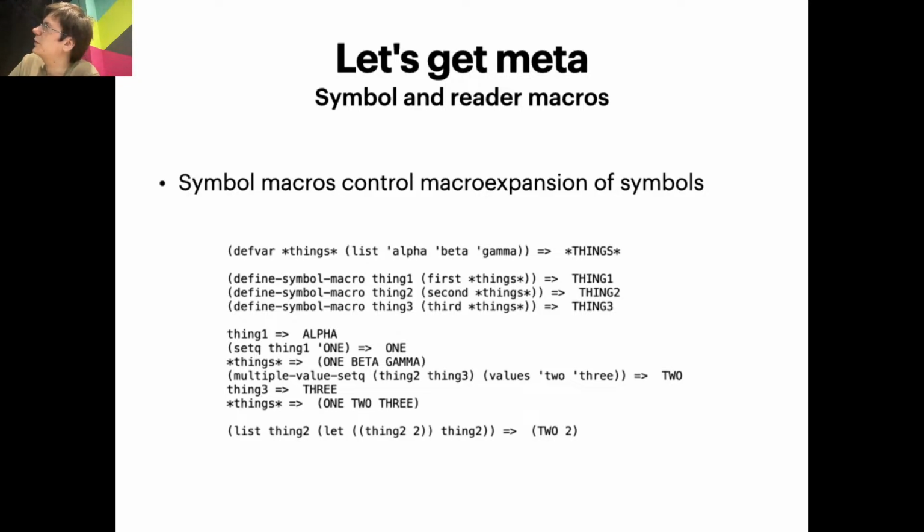So when we evaluate thing1, we actually evaluate first things, so we get the first member of that list in the variable, and so on. Basically we override the meaning of our symbol at compile time that way, by making it some kind of form that gets evaluated whenever this symbol is evaluated.